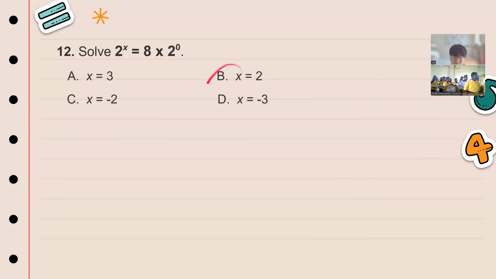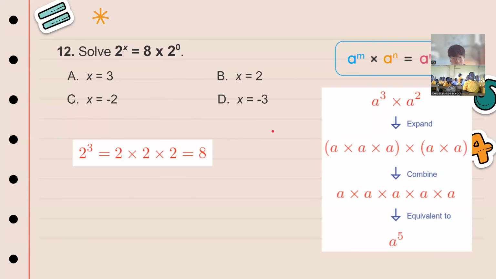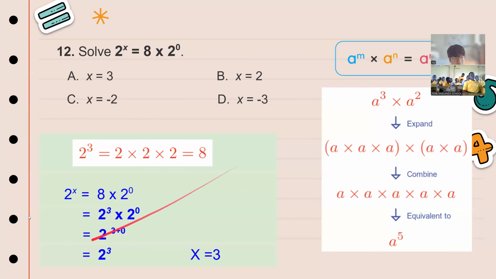Yeah, did you say B or D? Oh, yeah, did you say A? If you said A, then yeah, that's correct. Great job. Here is the explanation.